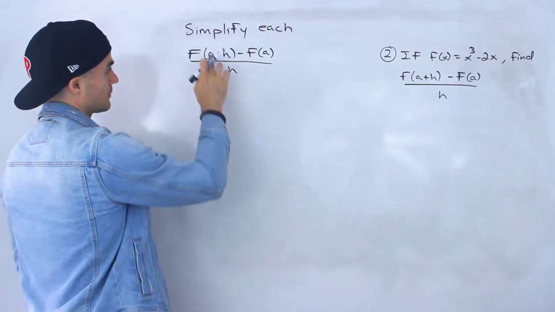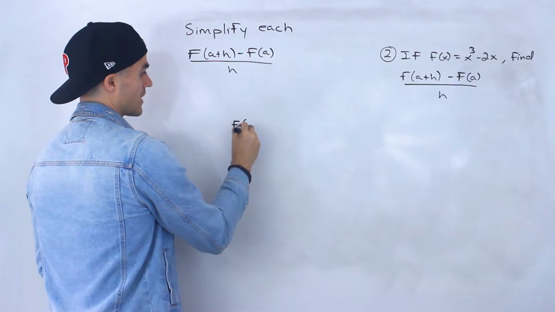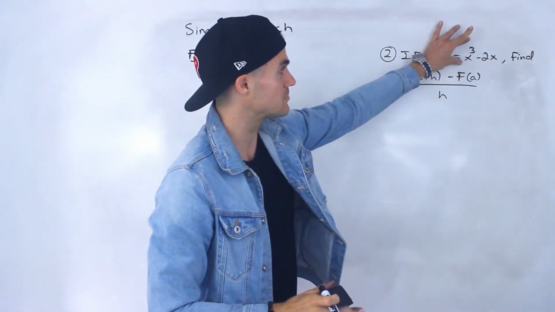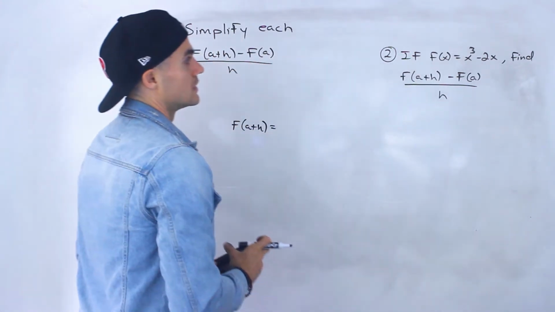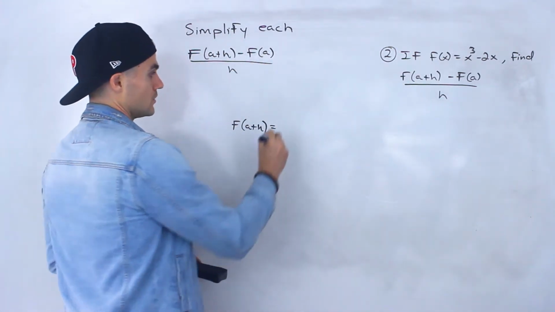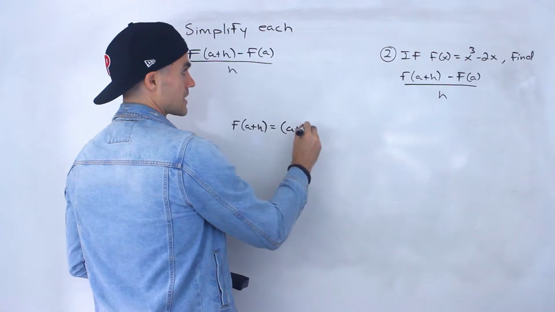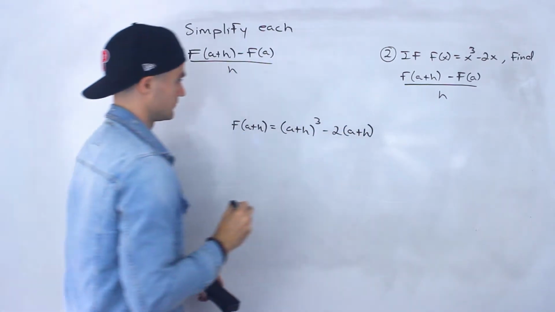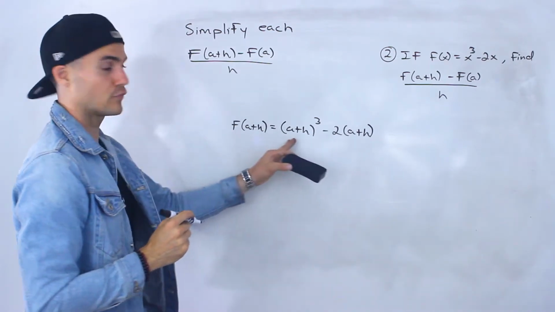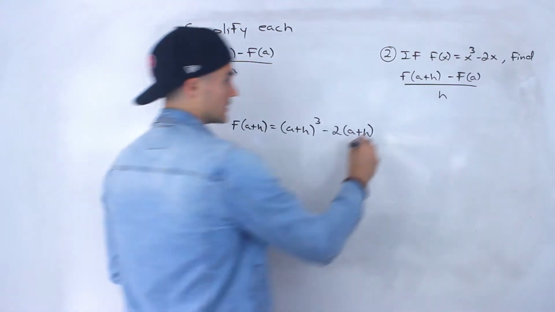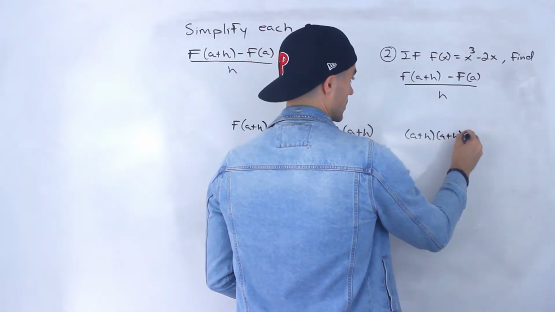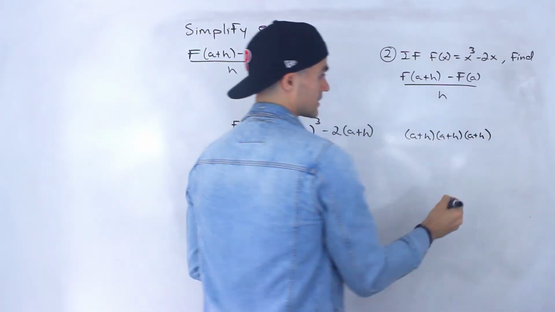Actually, what I'm going to do is work with f of a plus h first, because I feel like it's going to get a little crazy with this exponent 3. So I'm going to write a plus h to the power 3 minus 2 times a plus h. And then we've got to FOIL this out 3 times. So you'd have a plus h times a plus h times a plus h like this.